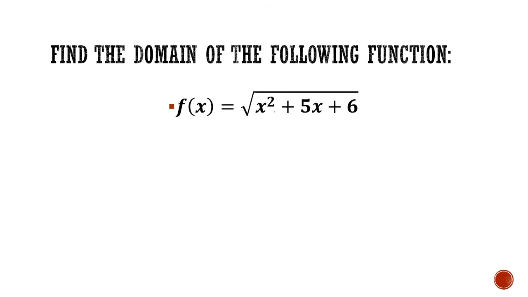Now, what if we have this? Now, this is also a radical function, but as you can see, we have a quadratic expression inside the radical. So to get the domain, always remember, to get the domain of a radical function, you get the expression inside the radical, you set it greater than or equal to 0.